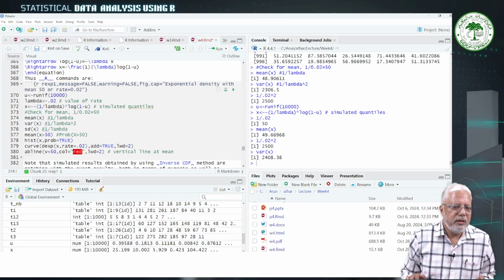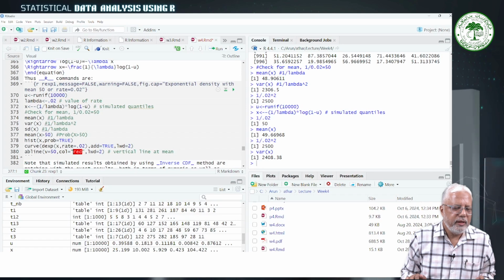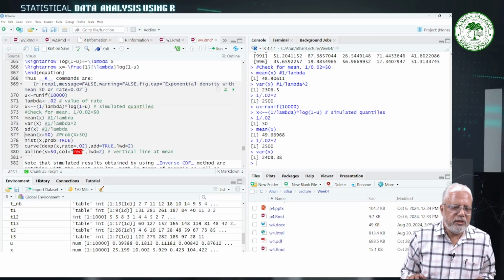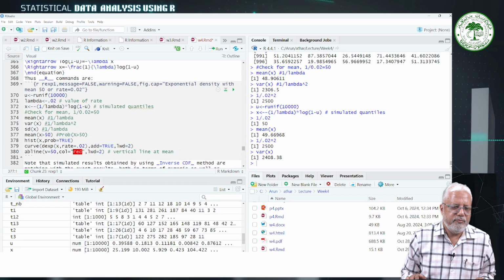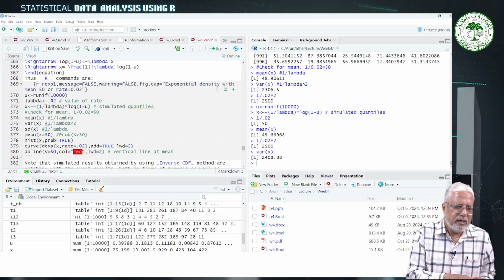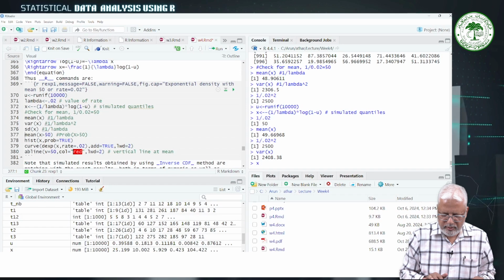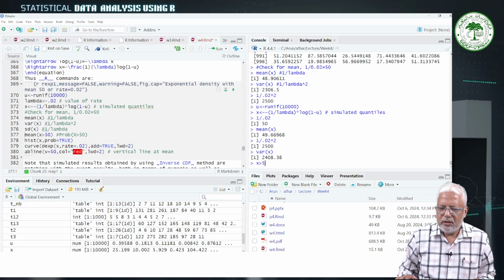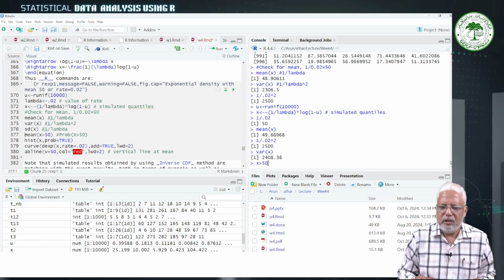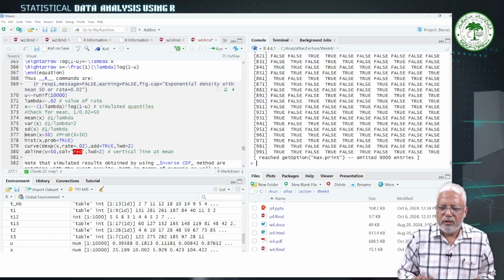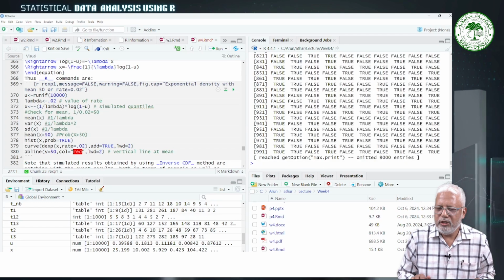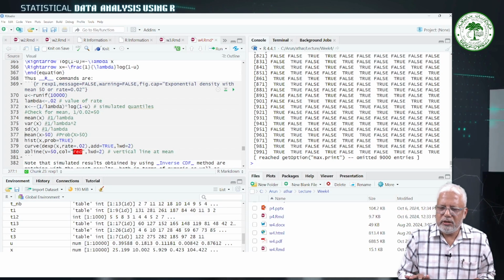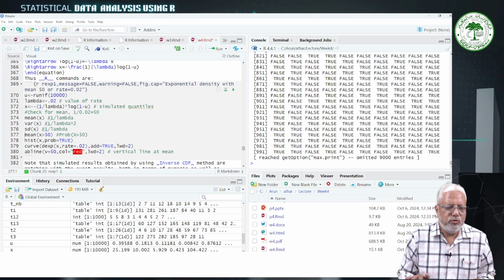See, mean, SD. Now mean of x greater than 50. That is nothing but probability of x greater than 50, because the values of x greater than the mean, which is 50, are being simulated. If true, it is assigned 1. If false, it is assigned 0.